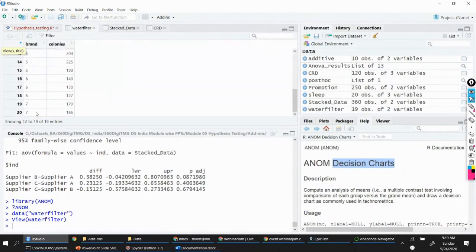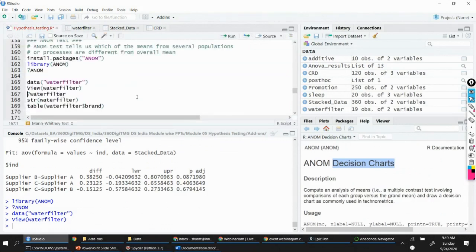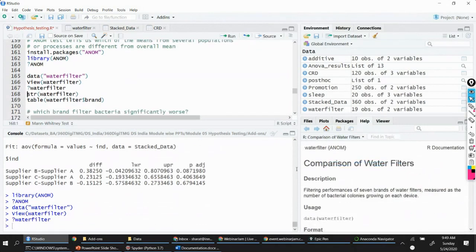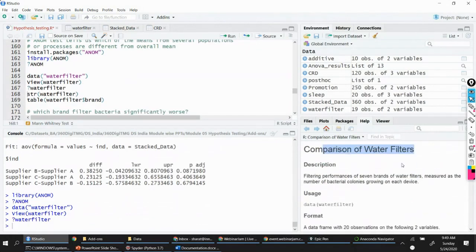There are 7 different brands of water filter manufacturers, and these filters are being analyzed for their capacity to control the growth of bacteria. It is a comparison of water filters: filtering performances of 7 brands of water filters.